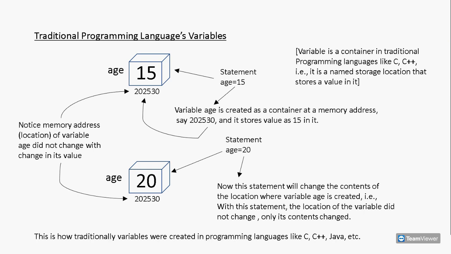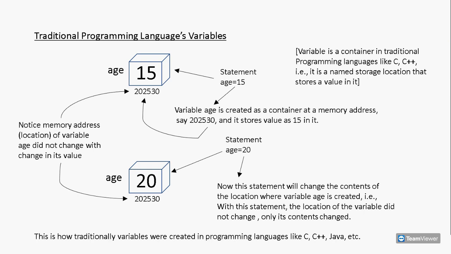In traditional programming languages like C, C++, a variable is a container, that is, a named storage location that stores a value in it. Initially, when the statement age = 15 gets executed, the variable age is created as a container at a memory address, say 202530, and it stores the value 15 in it.